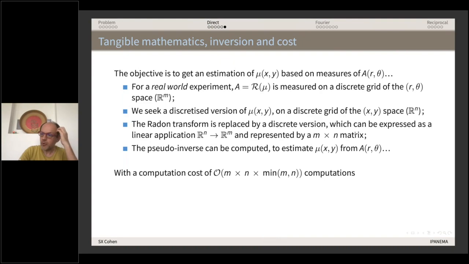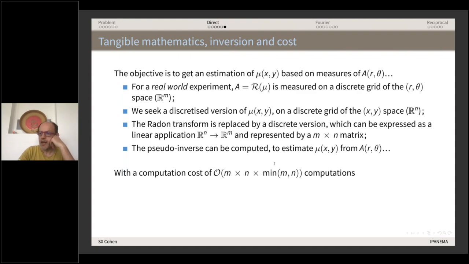The problem is that this is a costly operation. The cost is basically computing the pseudo-inverse of this type of matrix, which is a big O of the size of the matrix multiplied by the minimum between m and n.